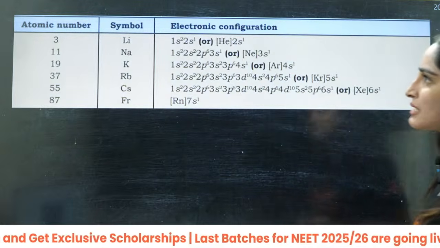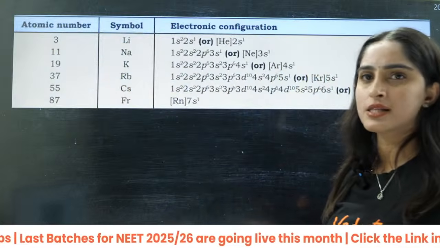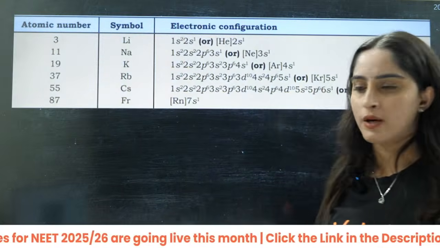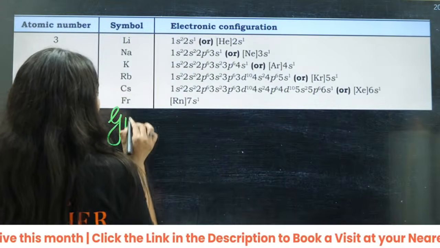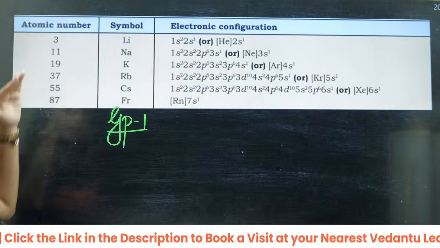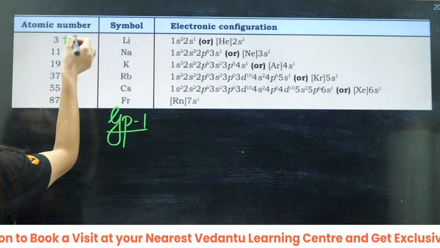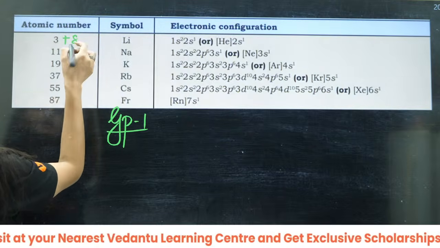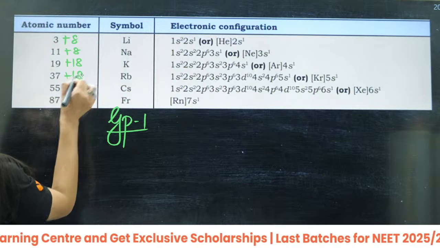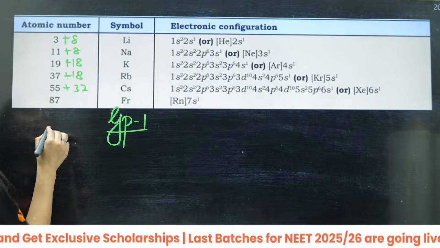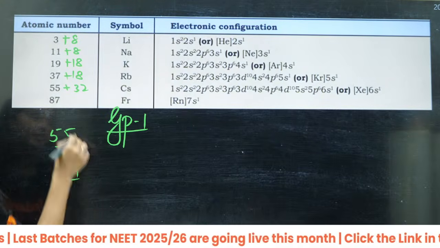Now, bacha, as you can see here, this is your atomic number, right? And this is the symbol. This is basically group number 1. The atomic numbers are given: 3, plus 8 gives 11, then again 8, then 18, then 18, then 32. 55 plus 32 is 87.